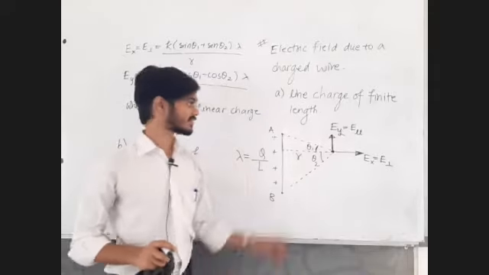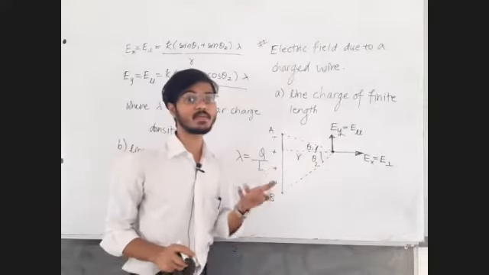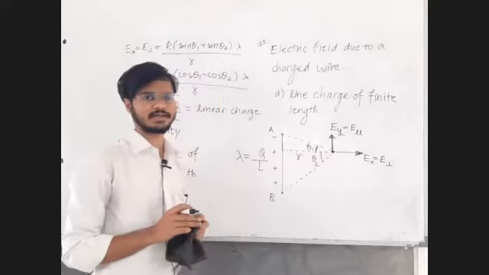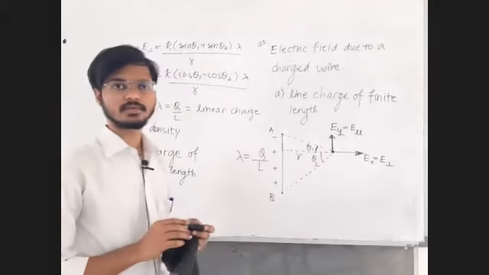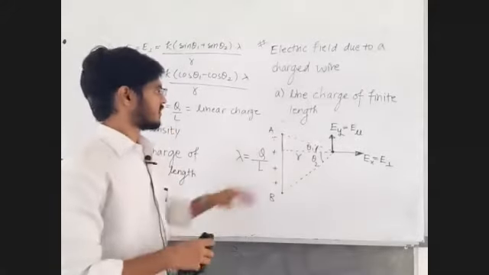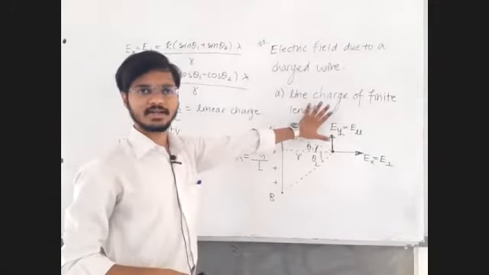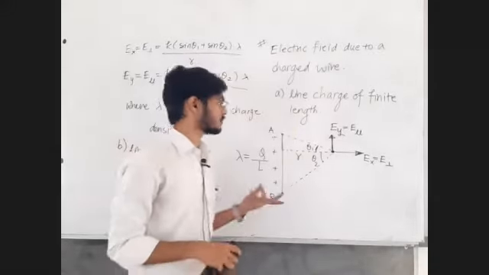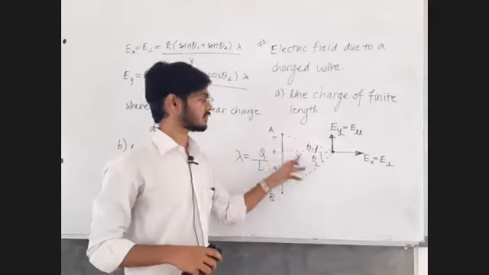What will theta 1 and theta 2 become? Yes, right. The finite length formula we know. For infinite, what are theta 1 and theta 2?